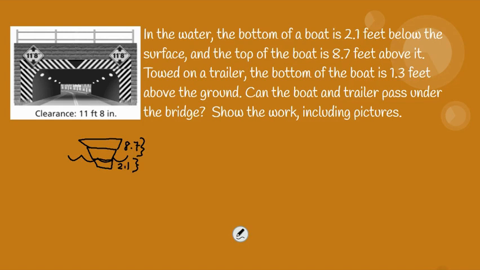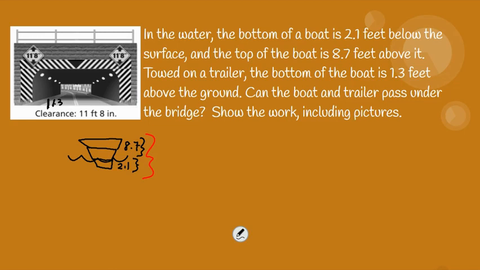But when you tow the boat on a trailer, it's 1.3 feet above the ground. So this whole boat, when towed in a whole different place, when it's on the ground here, it's 1.3 above because of the trailer.